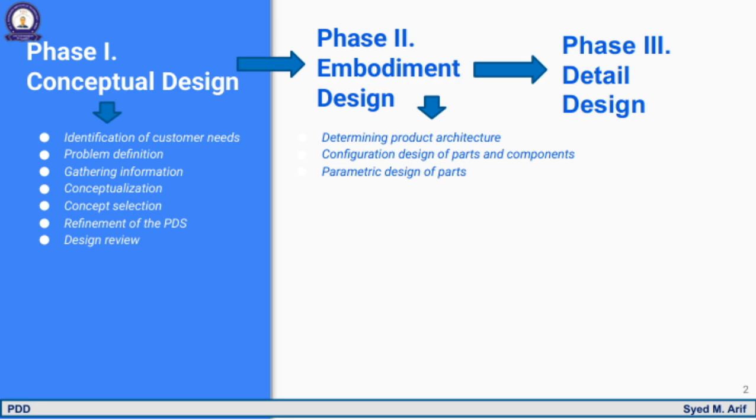Following that, we delve into parametric design of parts. This involves defining key parameters that control the dimensions and features of each component, allowing for flexibility and easier modifications later on. It's important to see how detailed design builds upon the earlier phases, starting from the conceptual ideas in phase I and the embodiment work in phase II.